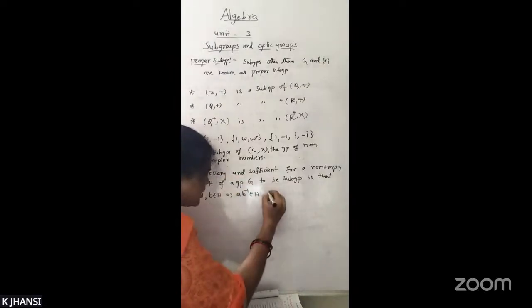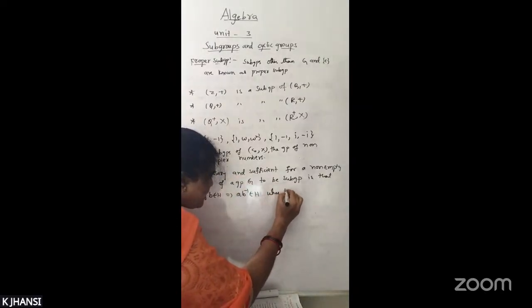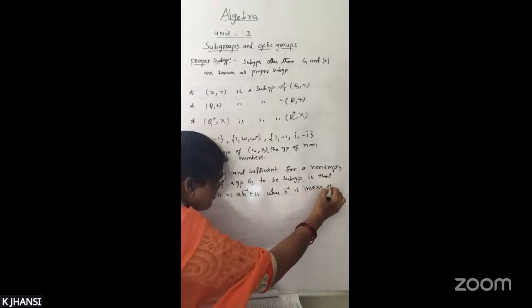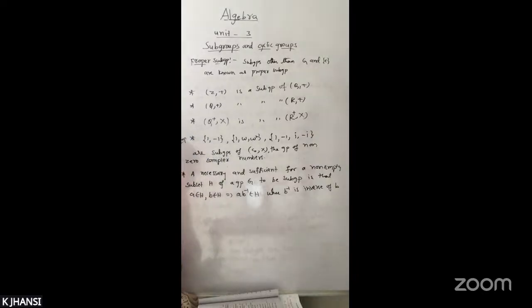B inverse is the inverse of B, where B inverse is the inverse of B in G. That is, in set G. Okay. This is one of the definitions of subgroups.